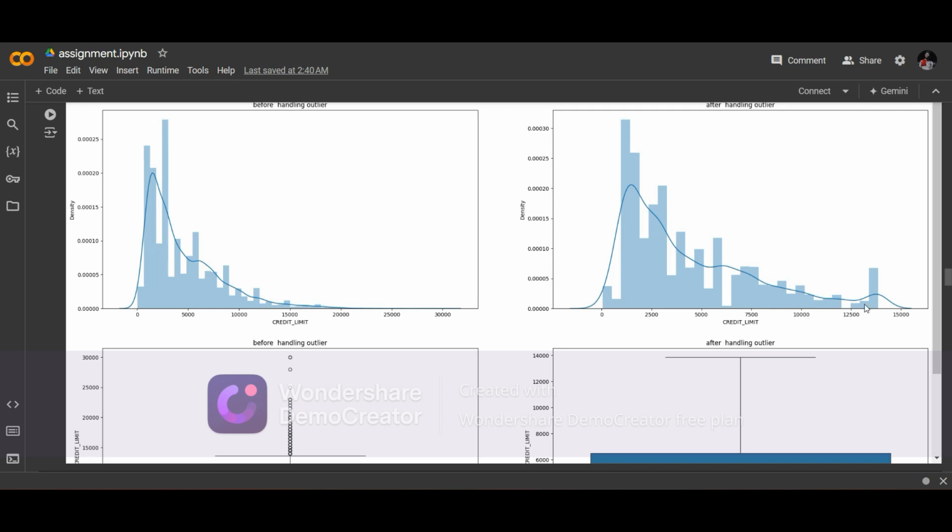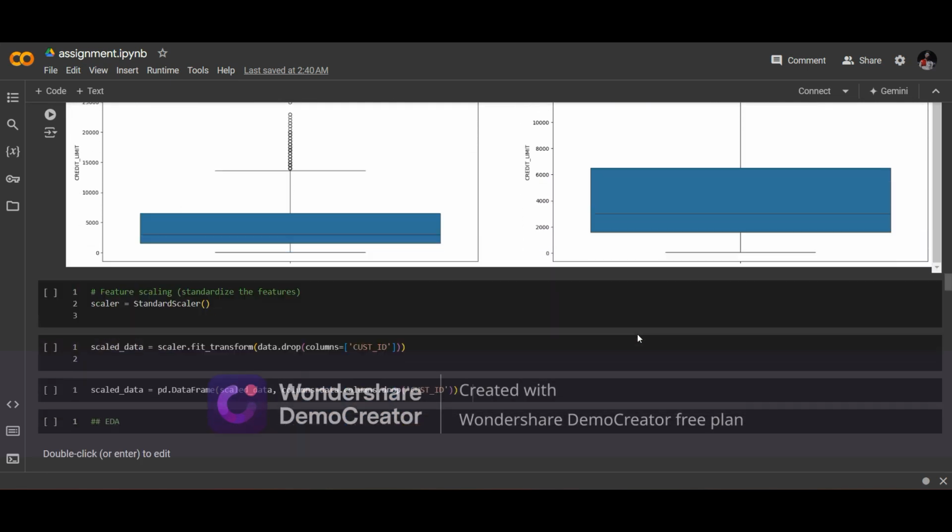The graph shows this is because of the capping method. Here we can see that the outliers are squeezed, and the data points which were outside the range are squeezed inside the limit of the feature.